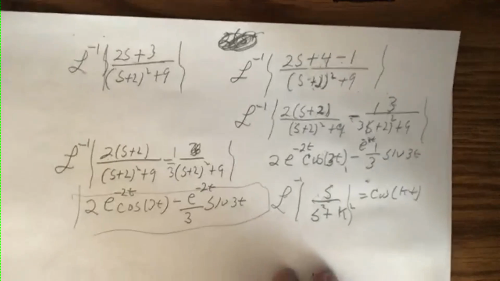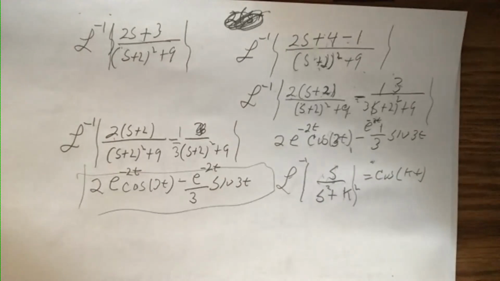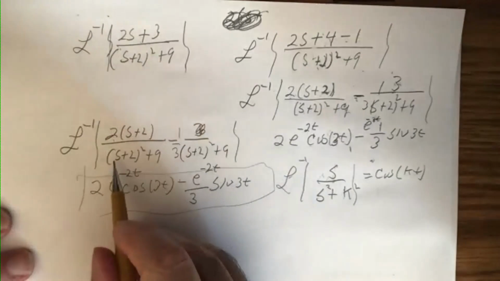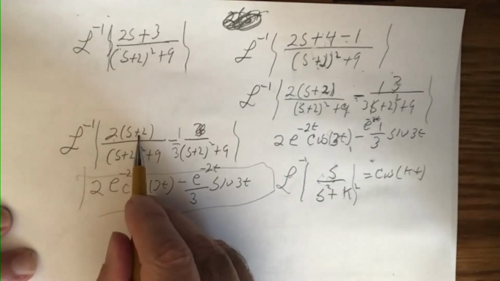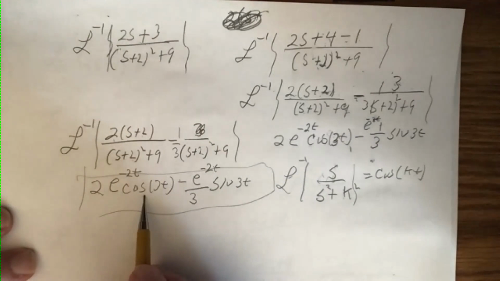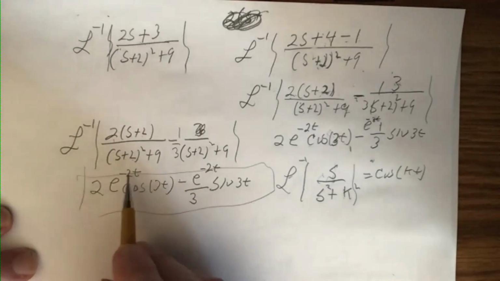Professor? Yes. Okay, so I understand now why you added one, it's so you could get them in the same factors. Right. You see here, I got this s plus 2 here squared. And here, it would be nice if I have an s plus 2 because then this is gonna be the cosine, shifted by this.